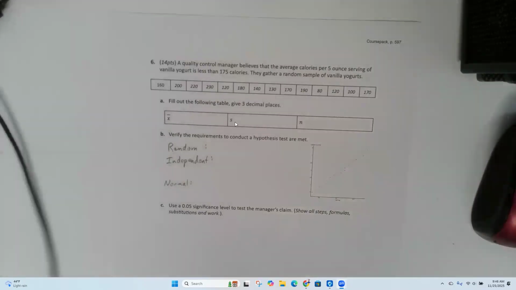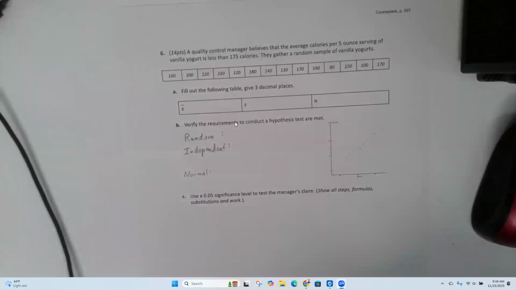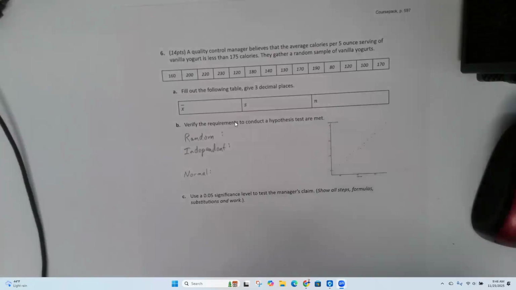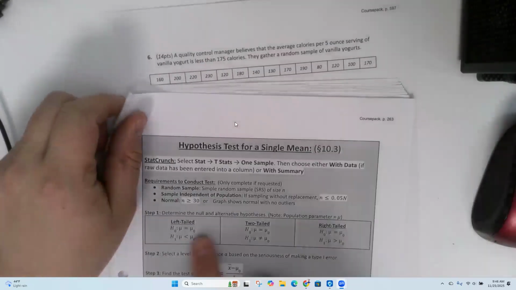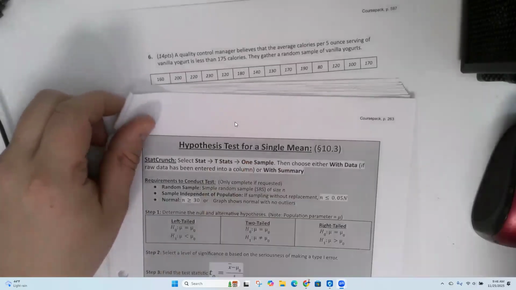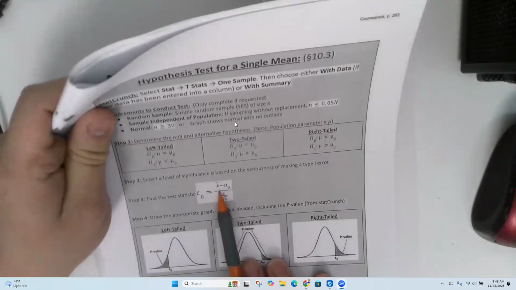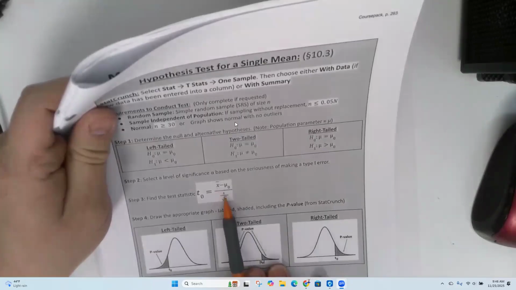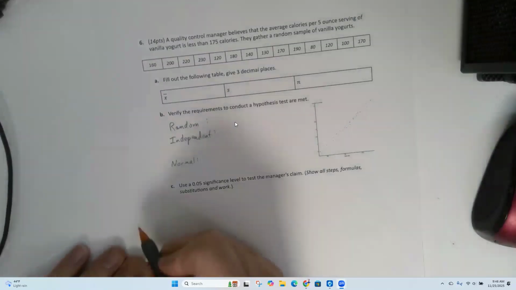So we're going to be doing page 560 or 263, hypothesis test for a single mean. The formula that they have here requires us to know the X bar value, which is the mean of the sample, and the standard deviation of the sample. So we're going to need to calculate that here.